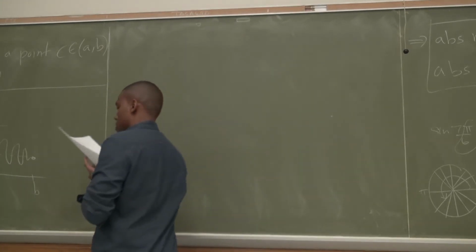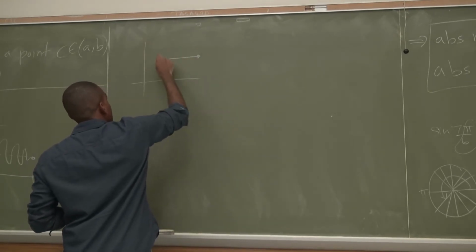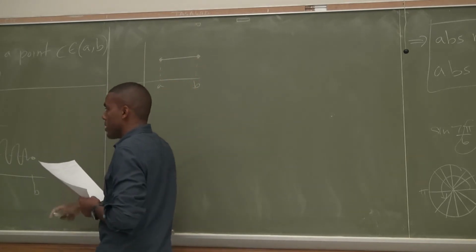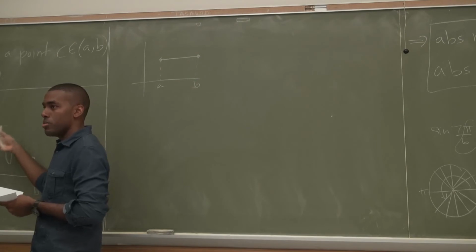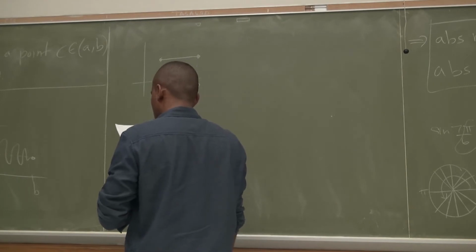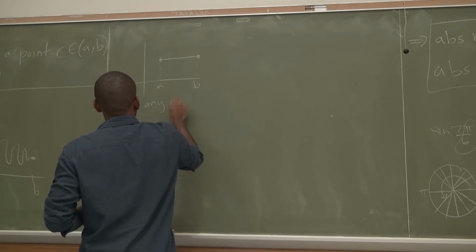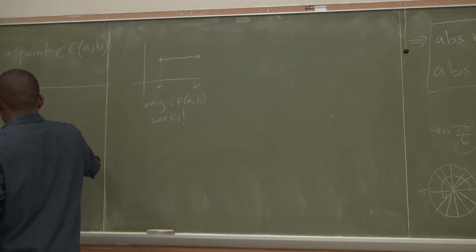Okay, so more examples. I did one with the horizontal line. This is Rolle's theorem. Mean value theorem is more general. In the mean value theorem, you don't have to have the same endpoints. The mean value theorem won't care about that. I don't know if we'll get to it today. So here, any c between a and b works. Here, many c's between a and b work.